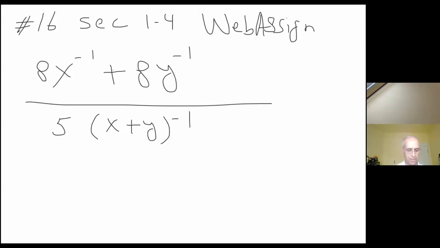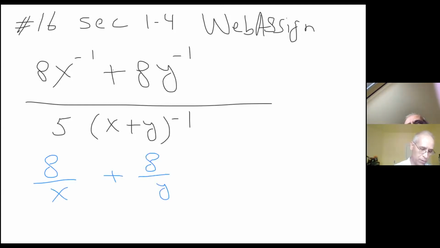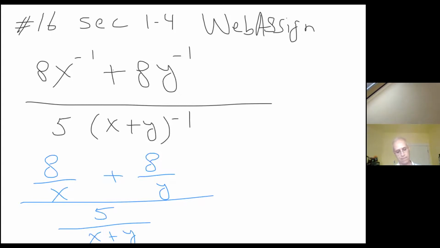Okay. I'm going to go ahead and rewrite this. Notice that 8 times x to the -1 is nothing other than 8 over x plus 8 over y, all over 5 over x plus y. Okay.